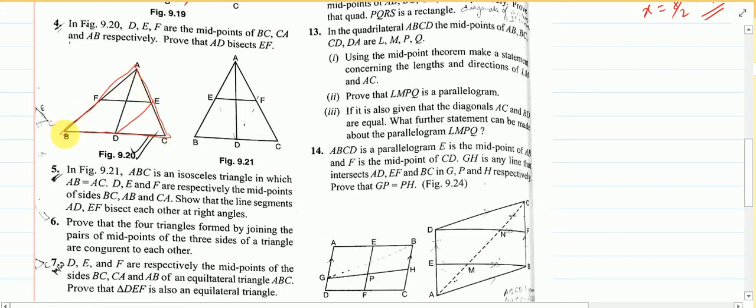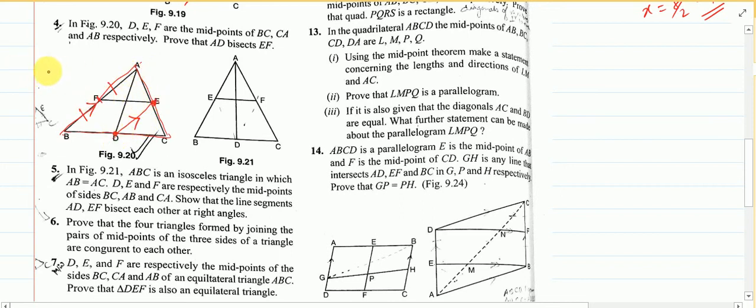In this triangle, D and E are midpoints, therefore DE will be parallel to AB, and DE will be half of AB. You know that F is the midpoint of AB, therefore this is equal to this. Half of AB is AF. So your DE will be equal to AF, and also DE will be parallel to AF.